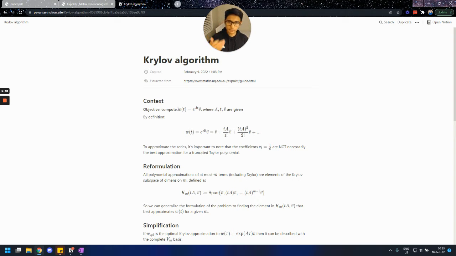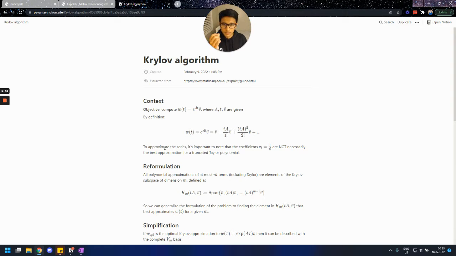Our objective is to find W of t, and we know that by definition W of t, the matrix exponential, is actually the Taylor expansion.